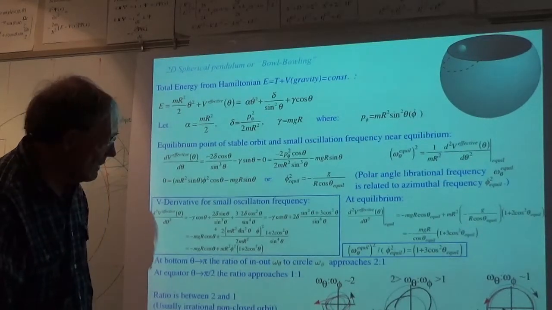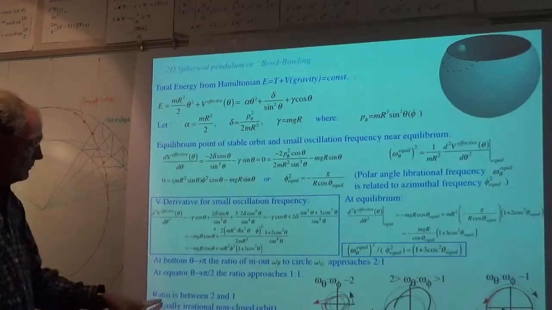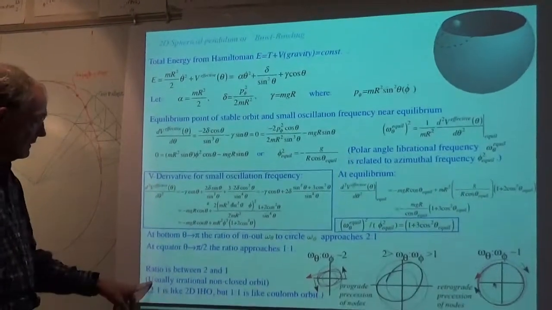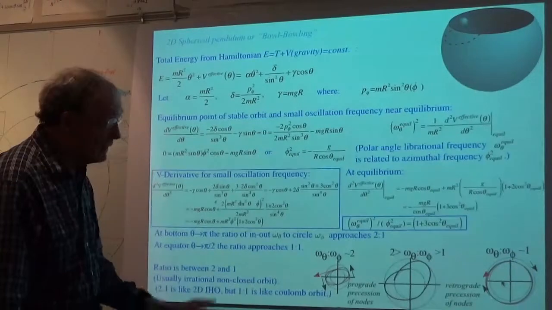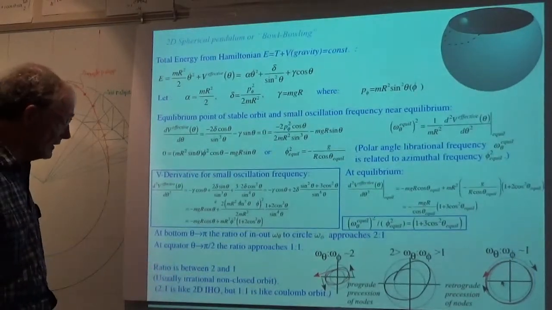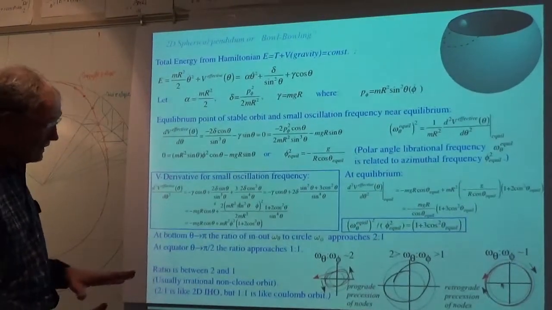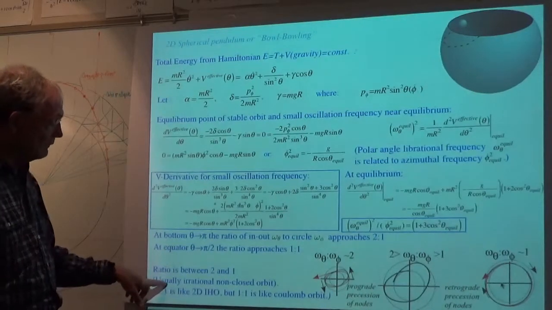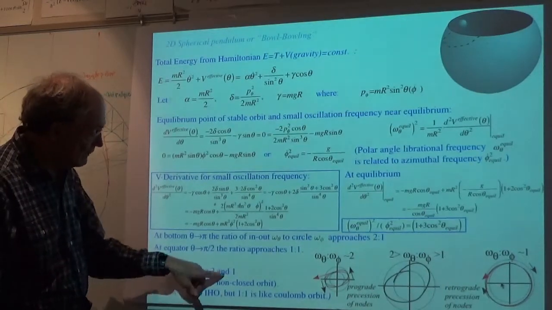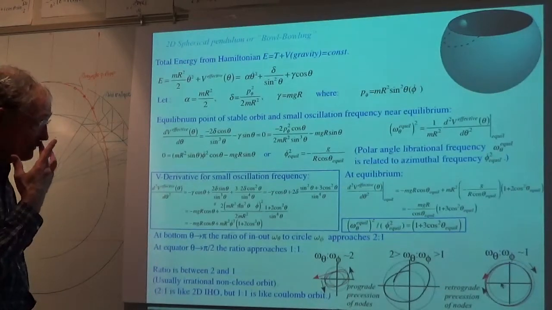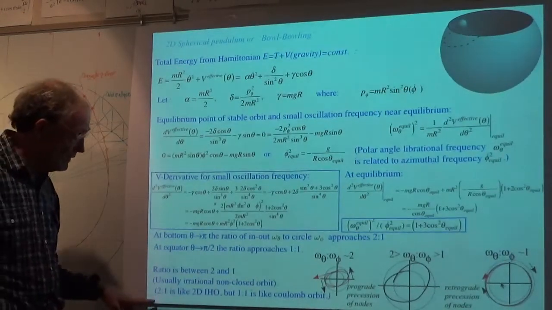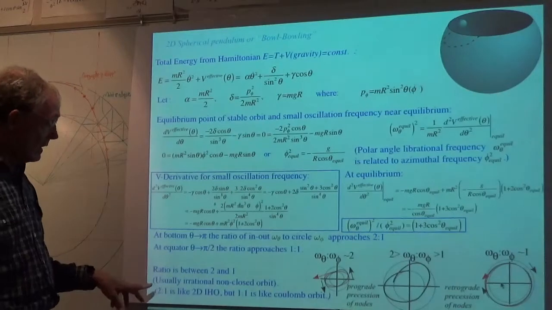Okay, so the ratio is between 2 and 1, usually irrational, non-closed orbit. That means one that's prograde precessing. But you could obviously look for rational fractions between 2 and 1, where you would get closed orbits if you're really doing this on a computer, to make it ideal.